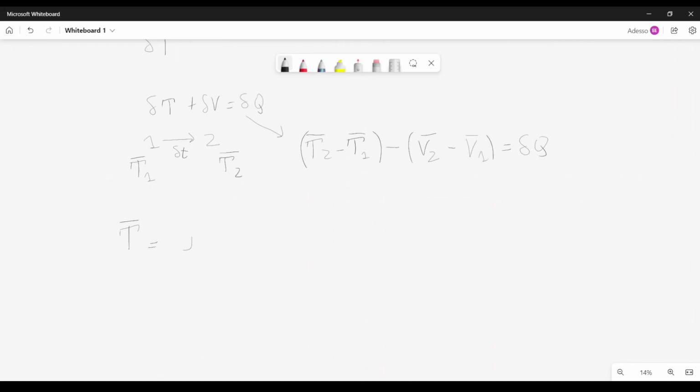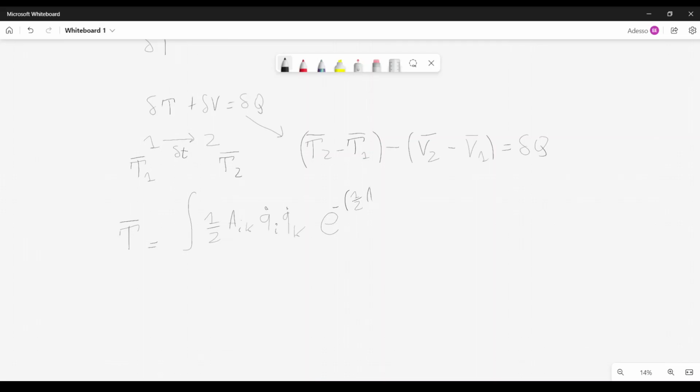For T bar, we have to average the kinetic energy over our distribution. We wrote the kinetic energy earlier. It's 1/2 A_ik, which is a function of the q's, q dot i, q dot k. So we have to sum over i and k here. And then we have the Maxwell distribution, which is e to the minus the energy, given by the sum of the potential energy and the kinetic energy.